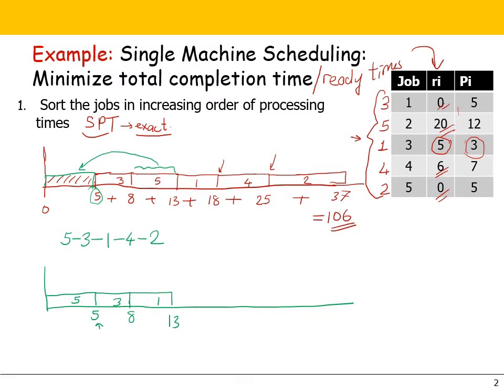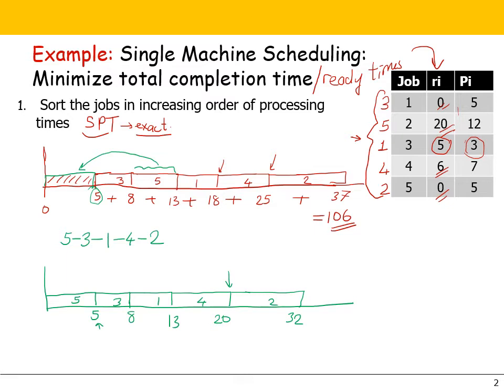And then we will move to job 4, which arrived at time 6. So we are ready to process it. So this is job 4, and it will go until 20. And at time 20, we can see that job 2 arrives just at this time, so we can start processing it, and it goes up to 32.